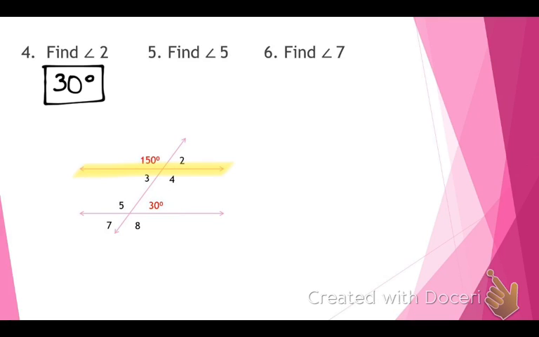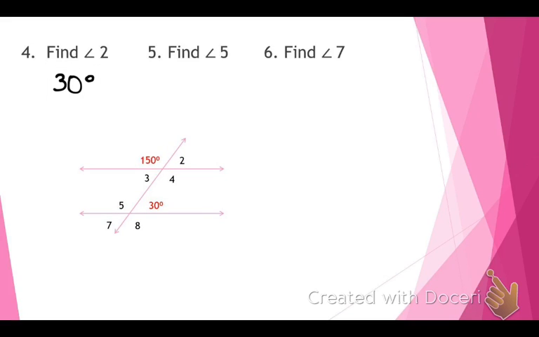Listen, when you have two parallel lines, this one and this one, if I were to say this is at the top right of line A, what would be at the top right of line B? Oh, yeah. 30. Those are corresponding angles because they're both on the top right of their line. Okay, so that's another way to know corresponding angles are going to equal each other. All right, so either one, you can figure it out that way.